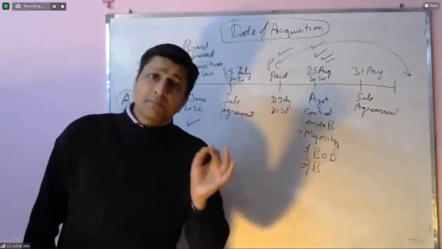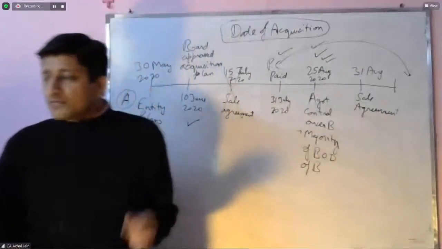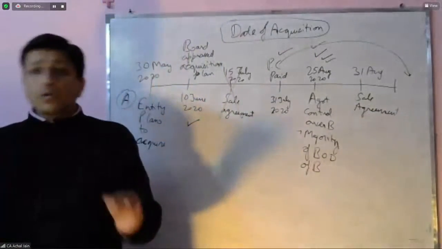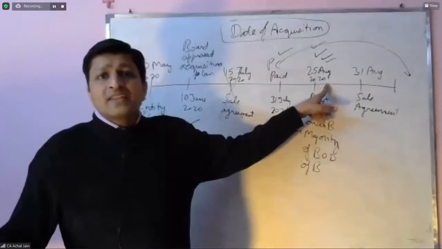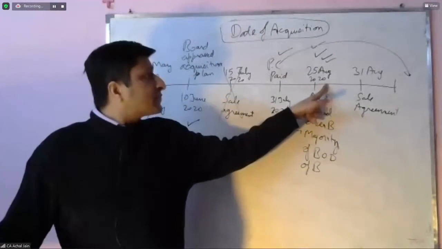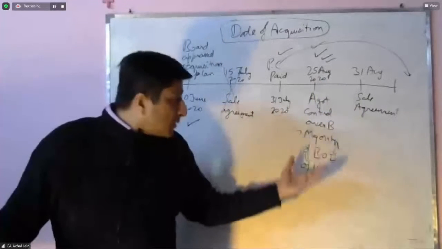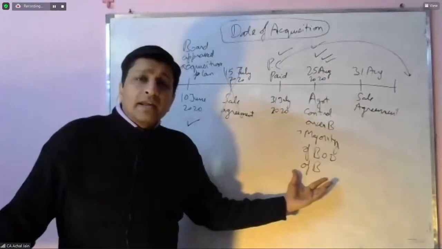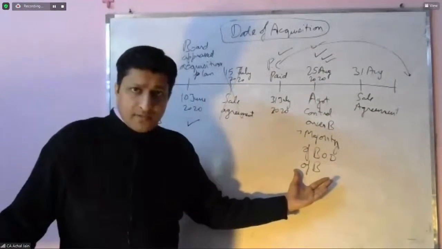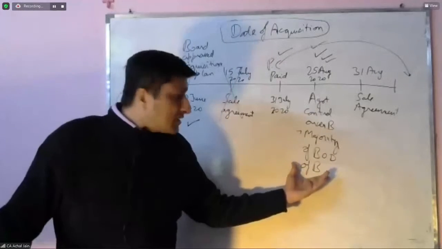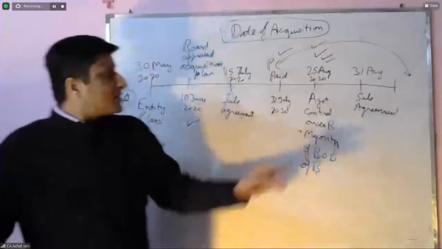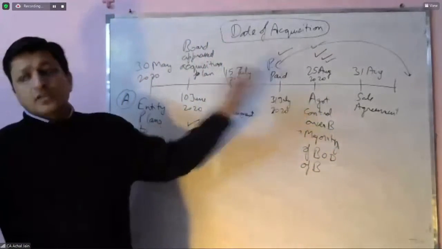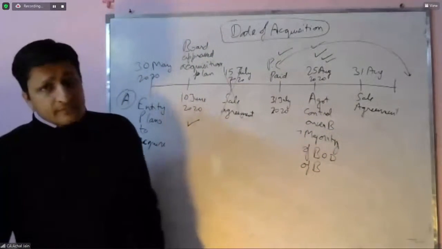We just need to go by that date. In this case, when is that happening? On 25th of August, because that is when A is getting control over B. So the date of acquisition will be 25th of August. Okay.